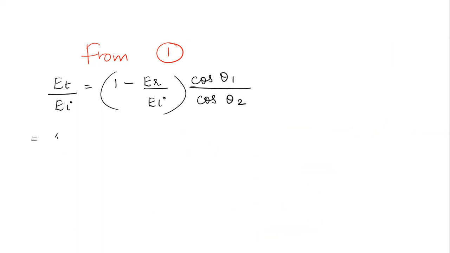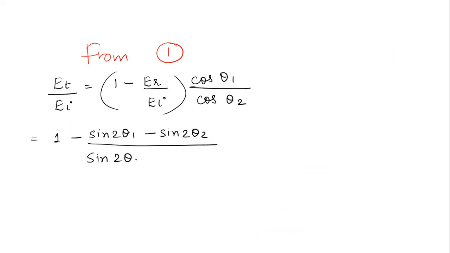So this is going to be 1 minus, what is ER upon EI? Just now I have written sine 2 theta 1 minus sine 2 theta 2 upon sine of 2 theta 1 plus sine of 2 theta 2 into cos theta 1 upon cos theta 2.